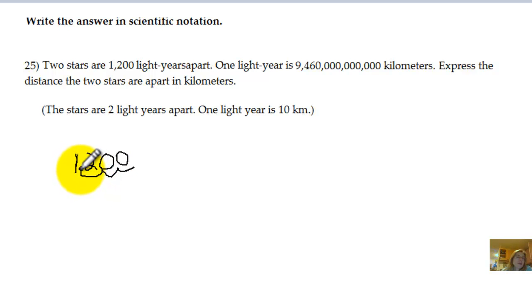You want to leave that 1 in the ones place. So you moved it 3 decimal places. That means in scientific notation it'll become 1.2 times 10 to the third, because you moved it 3 places.